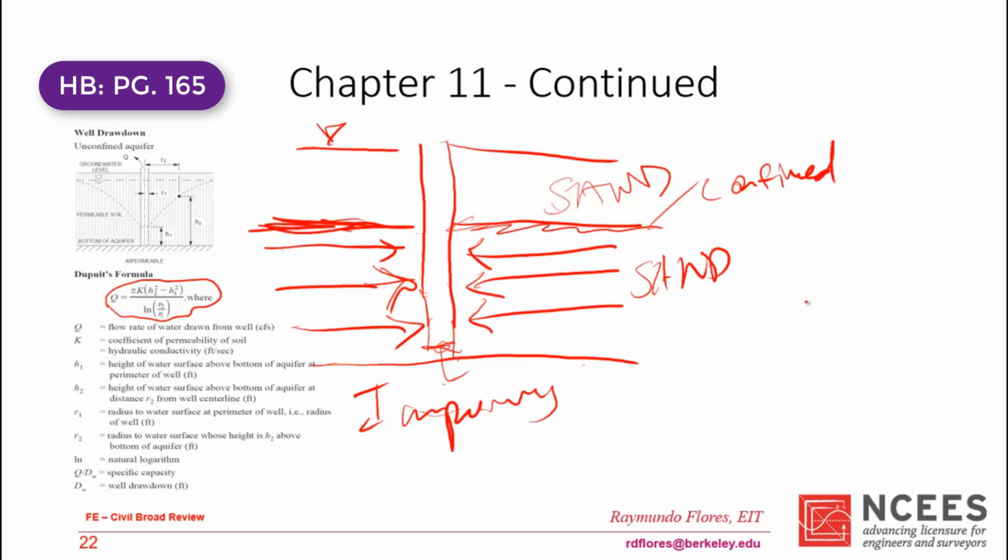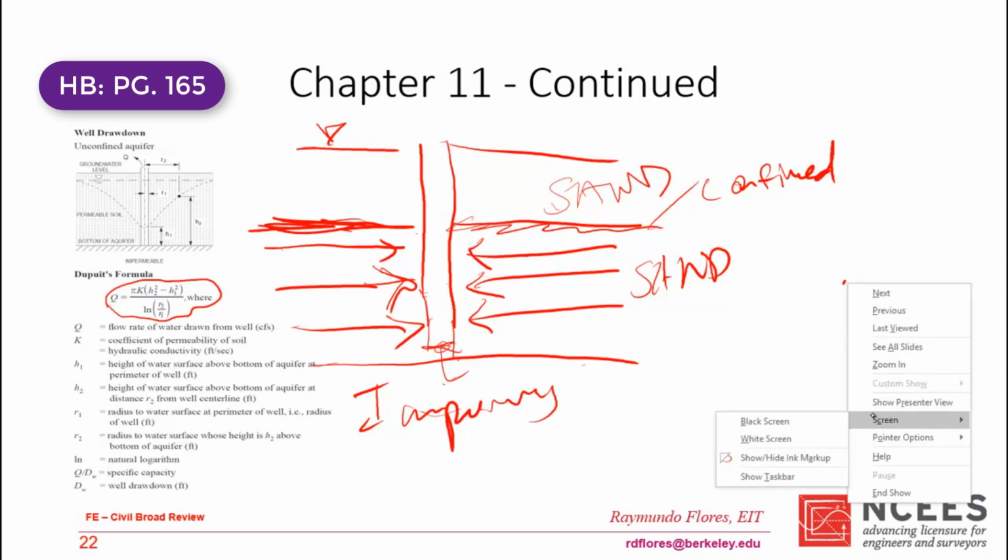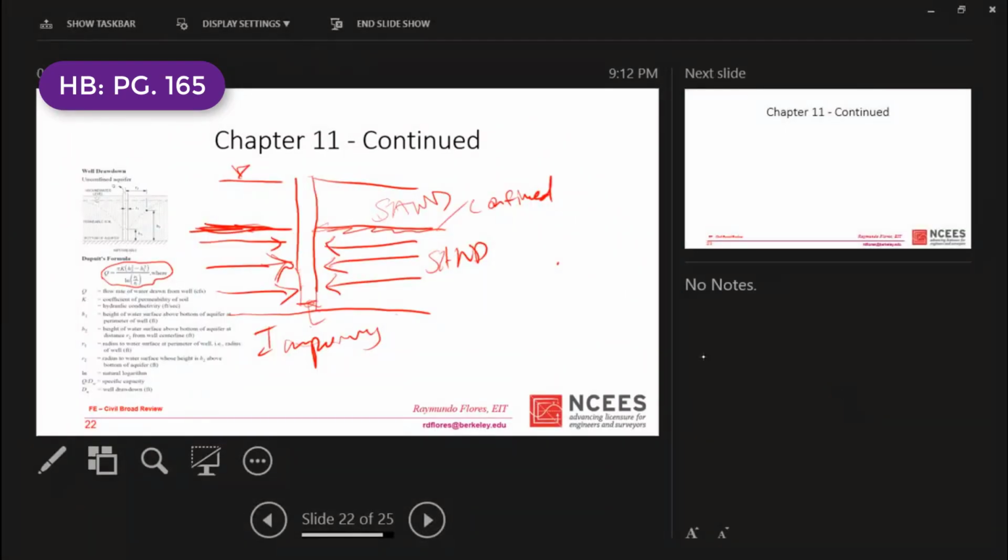So for confined, you assume that the flow here, as the heads are changing, corresponds to the height variation of that flow affecting the pipe as it goes up. So let's go ahead and erase all this. Oops.